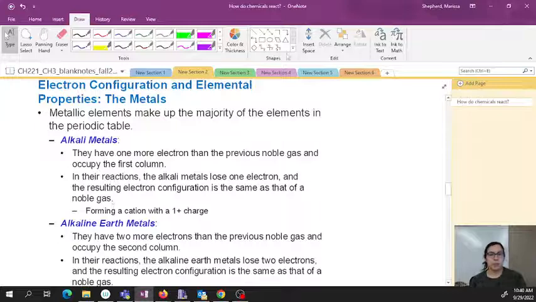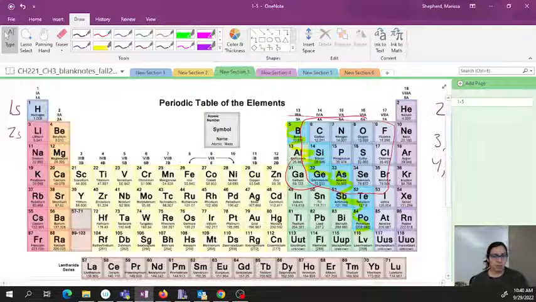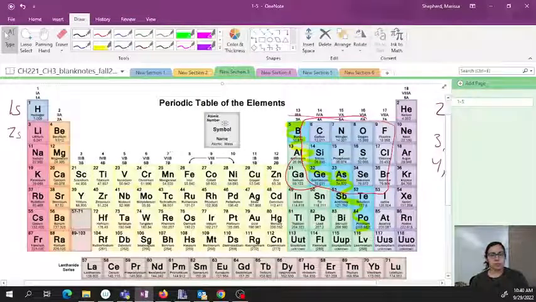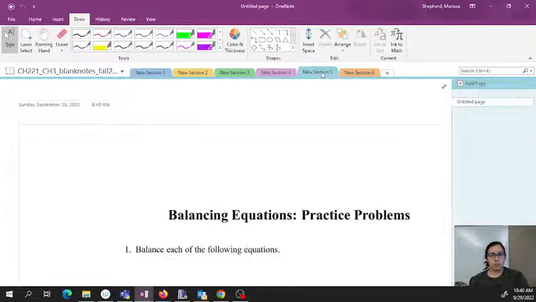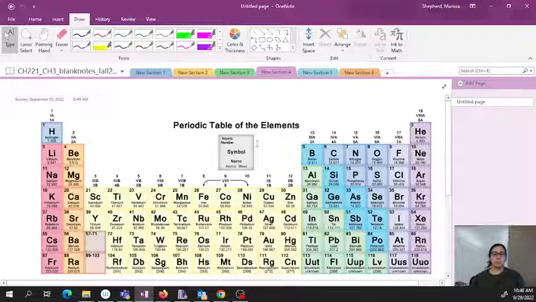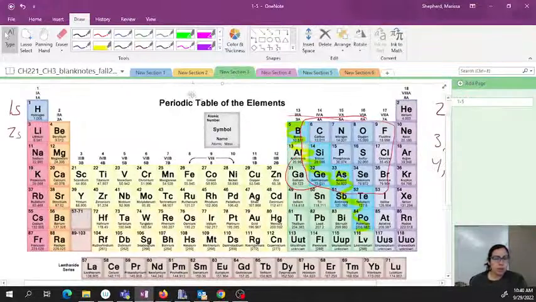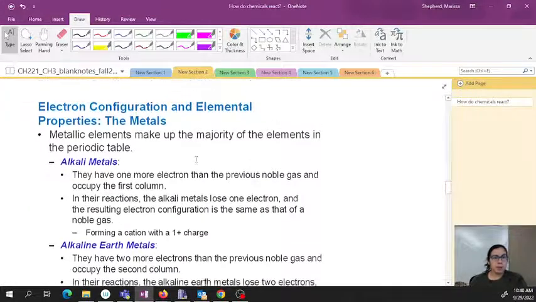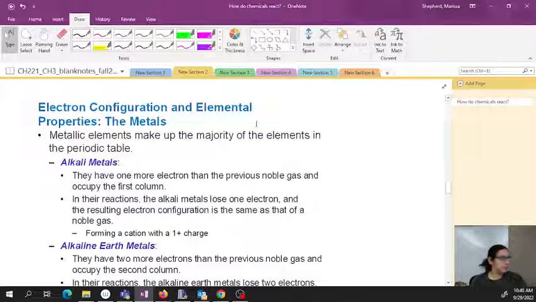I feel like this chapter is going to take forever. All right, so let's go over how to fill up the electron configuration. And this starts getting us into our orbitals as well.